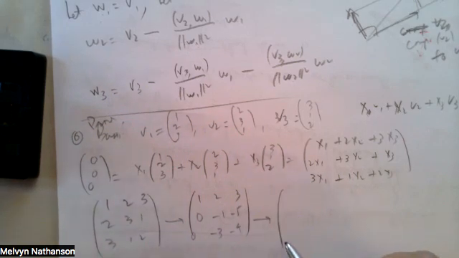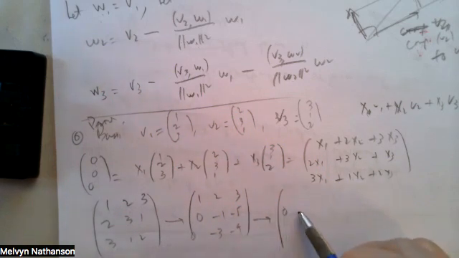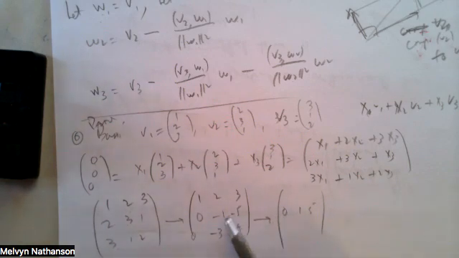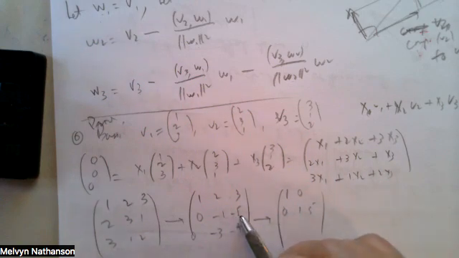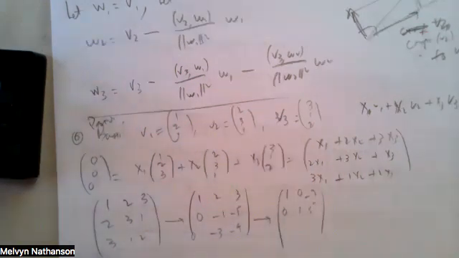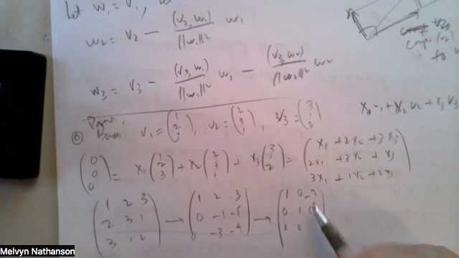So let's see. If I multiply this row by minus 1, or if I add twice this row to the first row, I get 1, 0, minus 10 plus 3 is minus 7. If I add 3 times this row to this row, I get 0, 0, 15 minus 4 is 11.